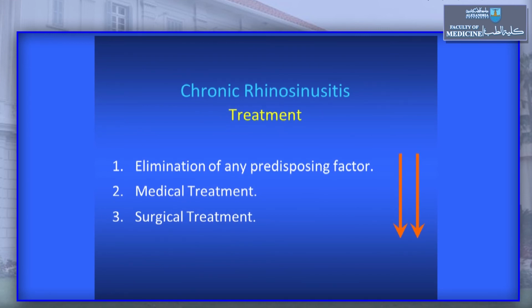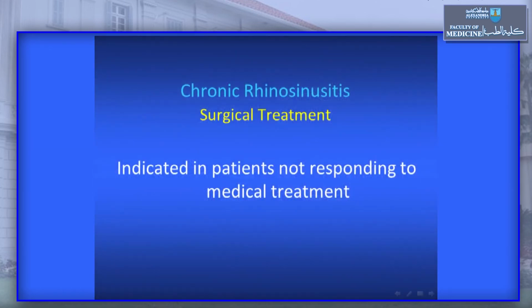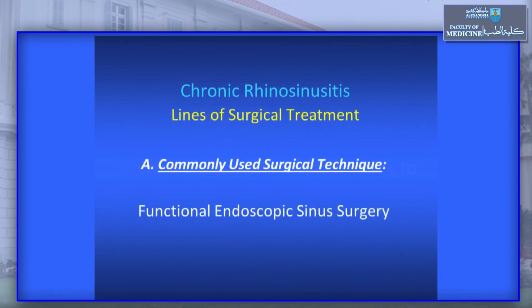In patients not responding to the previous lines of treatment and showing disease in their ethmoids, surgical treatment may be resorted to, and here the surgical procedure is called functional endoscopic sinus surgery.